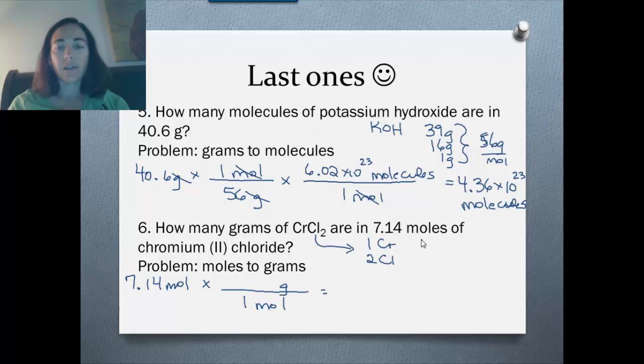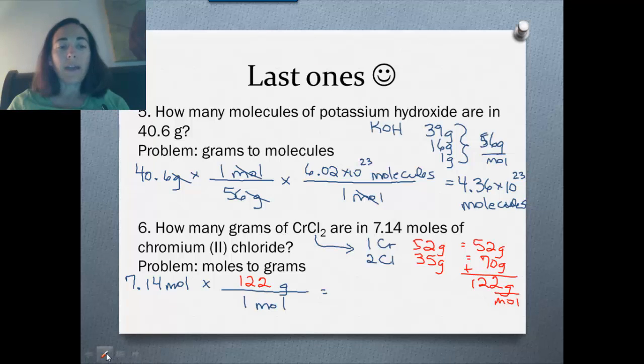So I'm going to write that here. 1 chromium times 52 is 52 grams, and 35 times 2 is 70 grams. So if we add that together, I get 122 grams per mole as the molar mass for that compound, and I'm going to plug that in right here.